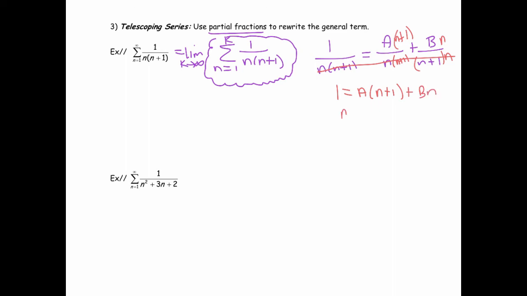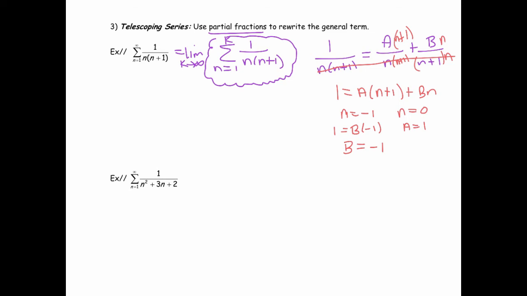And so when n equals -1, that means that b times -1 is equal to 1, so b equals -1. And on the other hand, if n equals 0, we see that a is clearly equal to 1.